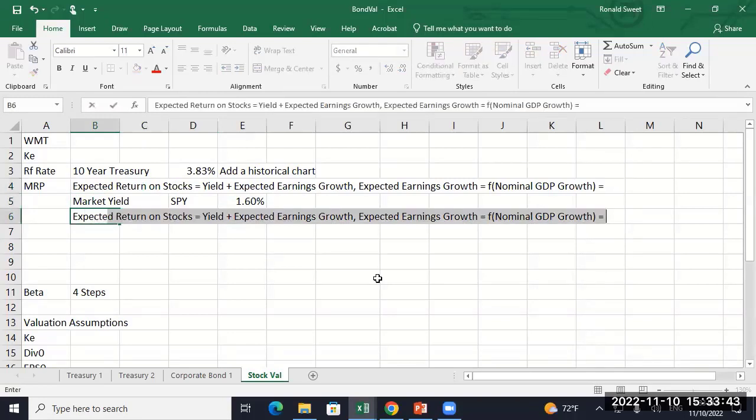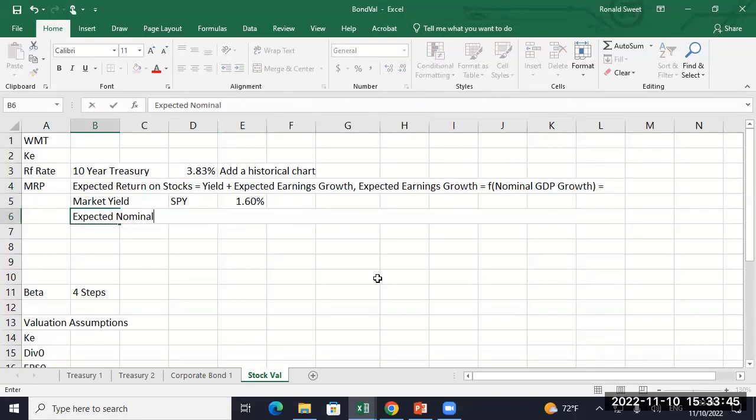And then expected nominal GDP. Anybody remember that? Expected blank plus expected blank plus expected blank.